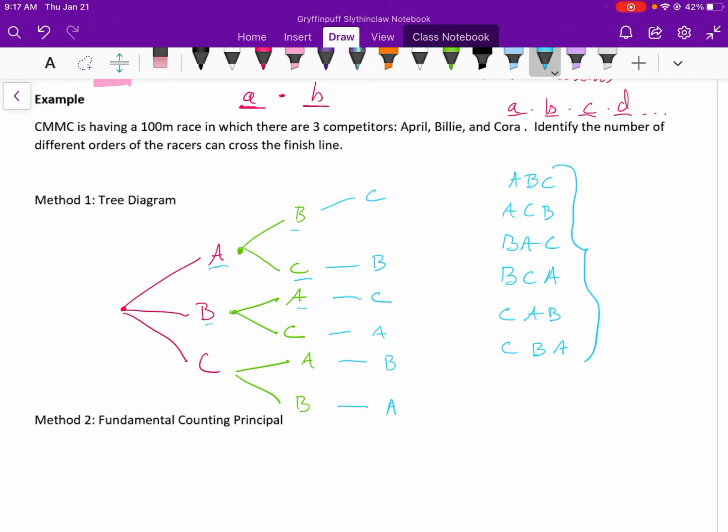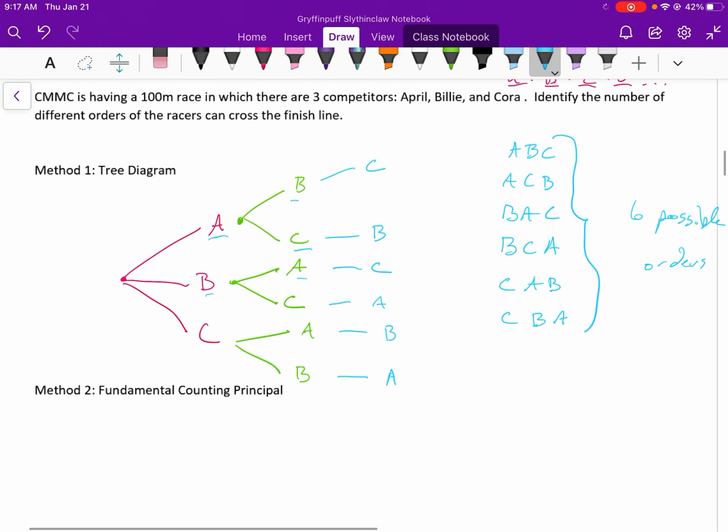This is not using the fundamental counting principle, but a tree diagram. So when there are three racers, it looks like there are 6 possible orders.